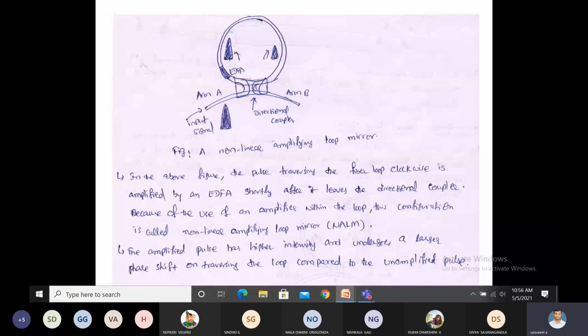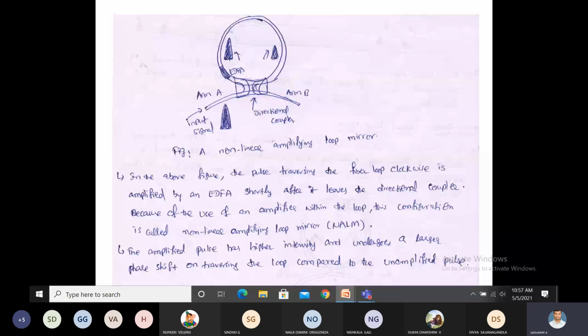Here one signal is amplified in the clockwise direction, and we get a large phase shift between the two. These are convenient for high speed operation.